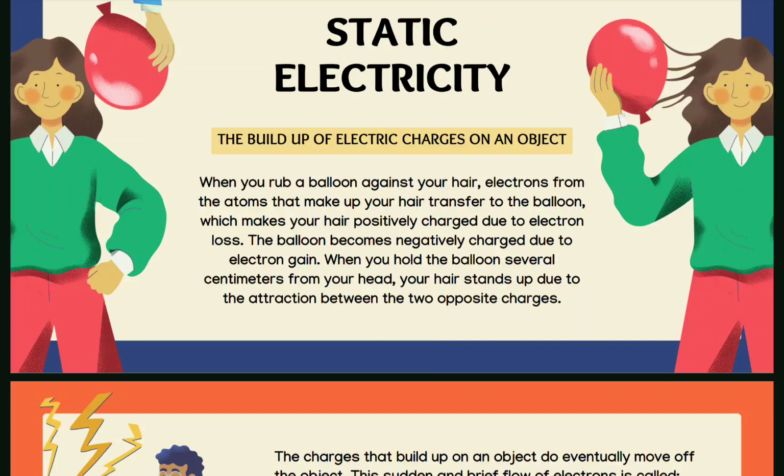The balloon becomes negatively charged due to electron gain, because your hair is supplying electrons to the balloon. Now, if you hold that rubbed balloon several centimeters away from your head, the balloon automatically attracts to your hair. It will not fall down, right or not? This is an example of how opposite charges attract.